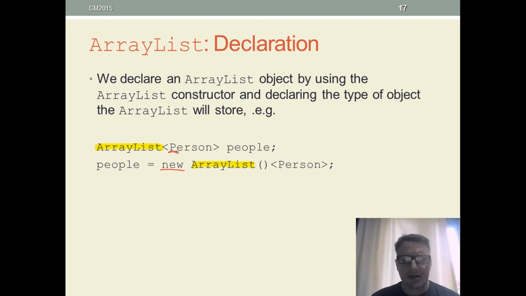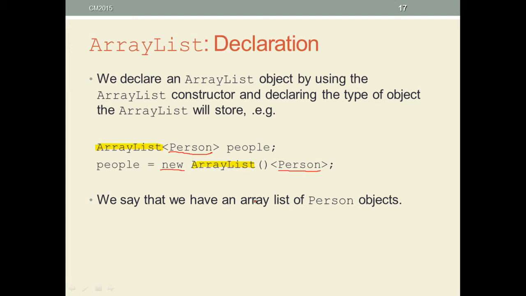The thing that's different is we specify the type of the object which is going to be stored in the array list. So here we've declared an array list of type Person called people, and then we actually instantiate that array list. So we create an empty array list. We don't need to specify the size, we just create an empty array list, and then we can start adding things to it. So here we've got an array list of Person objects.